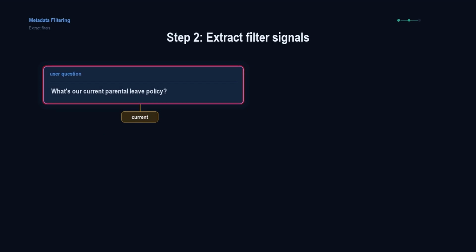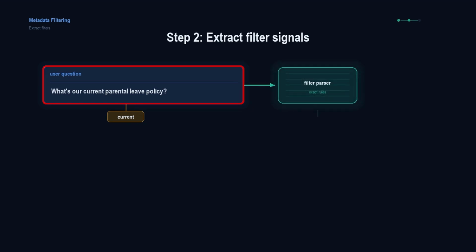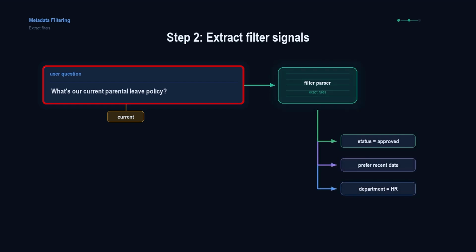When someone asks, "What's our current parental leave policy?" a well-built RAG system recognizes current as a signal to filter by status being approved and prefer a recent date. This can be done with simple rules or by asking the LLM itself to extract filters from the question.